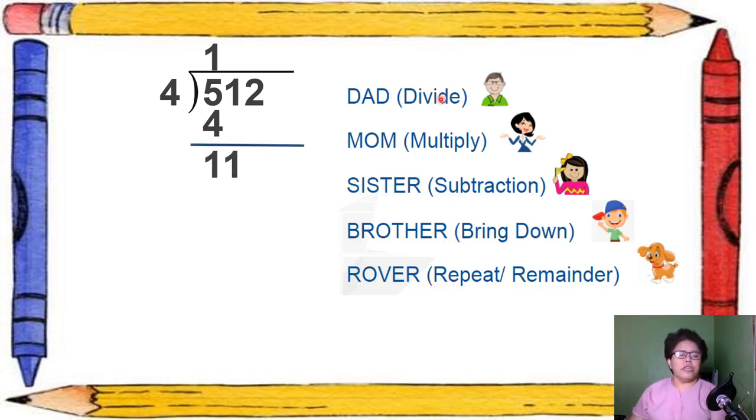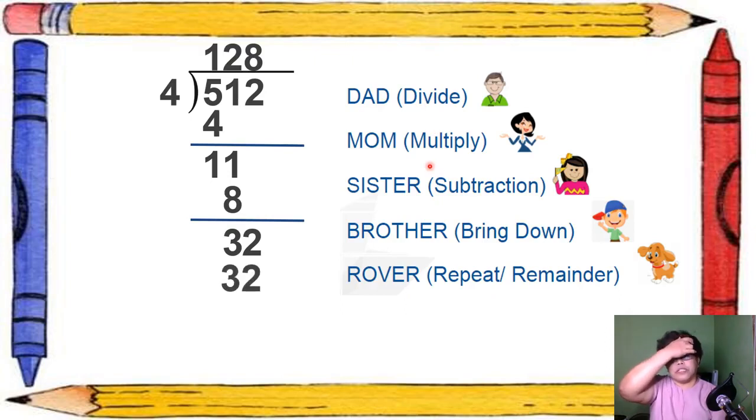That would be 11 divided by 4, that is 2. Multiply 2 times 4, that is 8. Subtract 11 minus 8, that is 3, and then bring down 2, and then repeat. 32 divided by 4, that is 8. 8 times 4, that is 32.